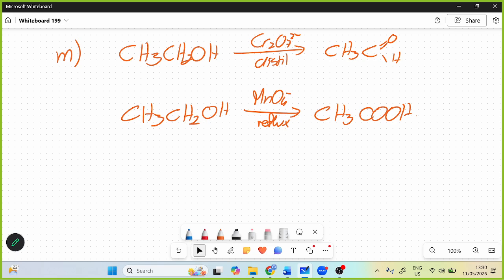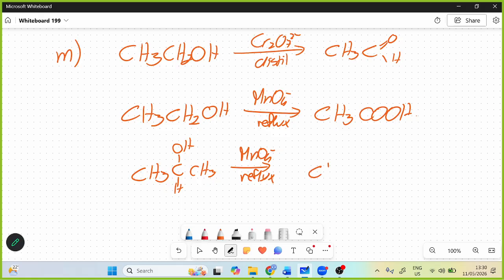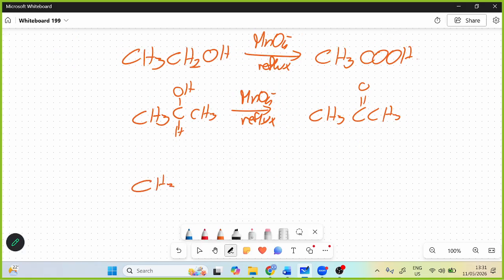And propan-2-ol can only be oxidized to the ketone, and therefore there is no need to be careful with oxidizing power, and with whether it's reflux or distill, might as well just go all out for it, use the strongest conditions possible, and you'll get your final product. 2-methyl propan-2-ol will not react.